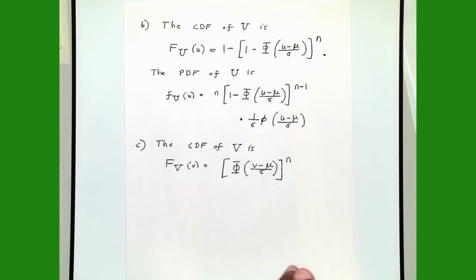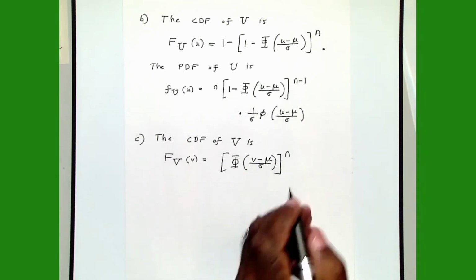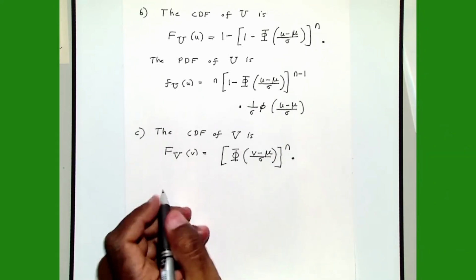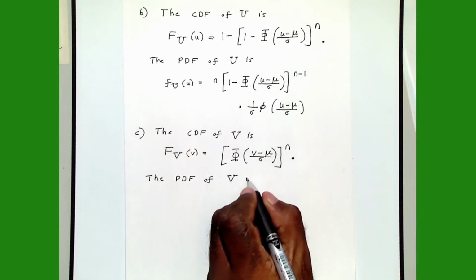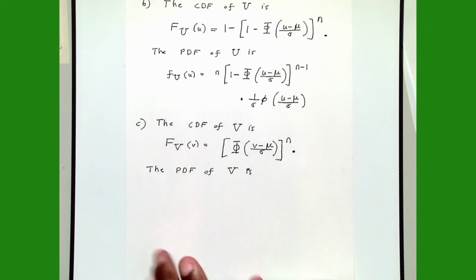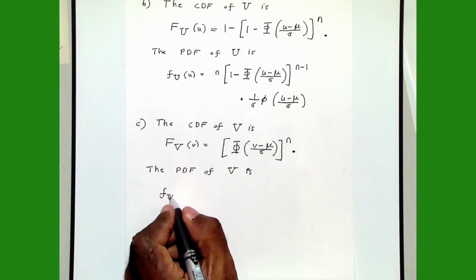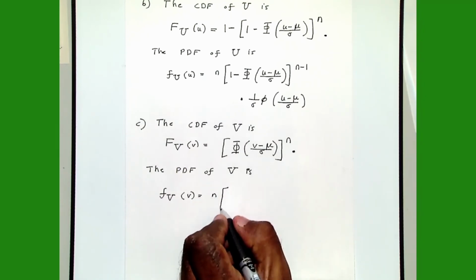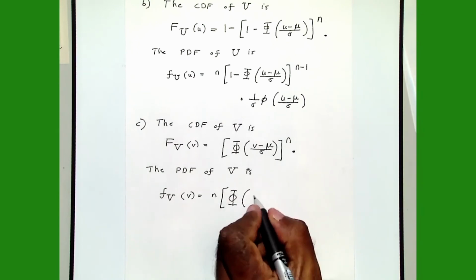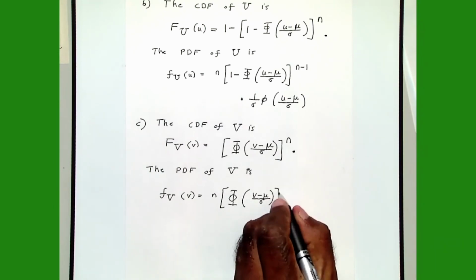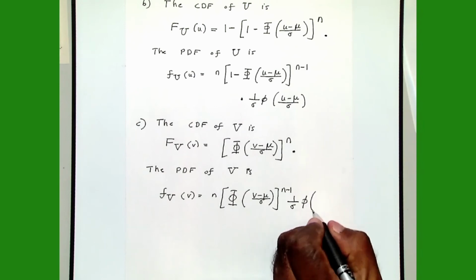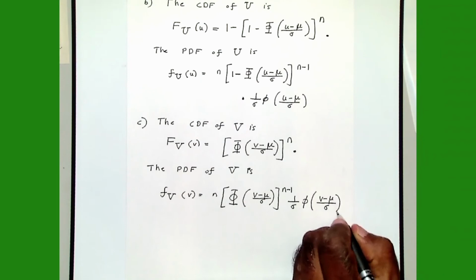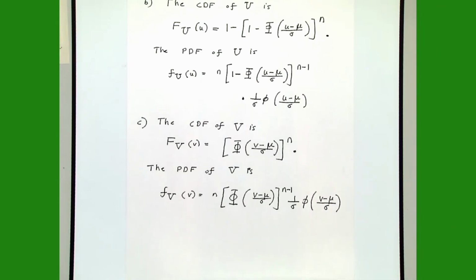Right, and once again, using the formula I gave you a couple of slides ago, this is what you will get for the CDF of V. And the PDF of V is simply the derivative of this with respect to V. All right, so this is the CDF of V. So that completes example 2.